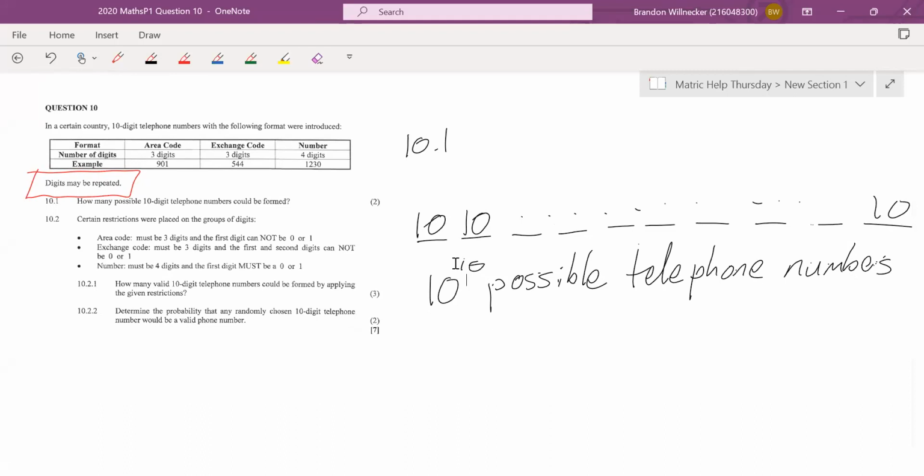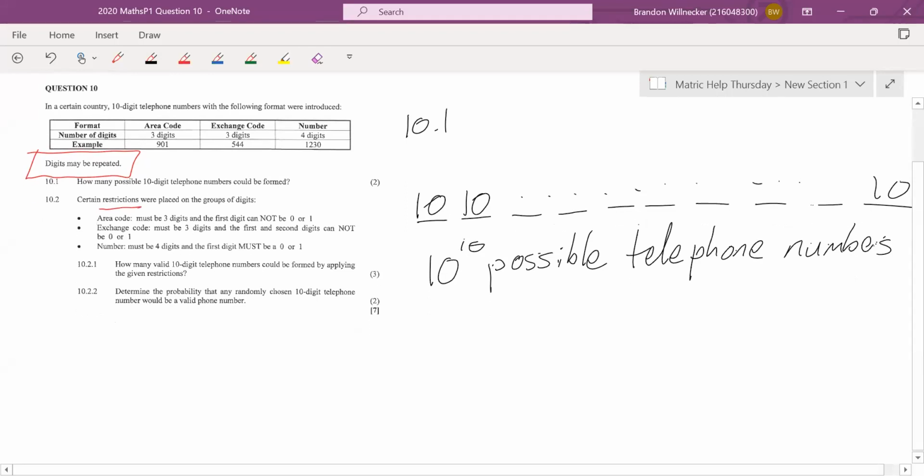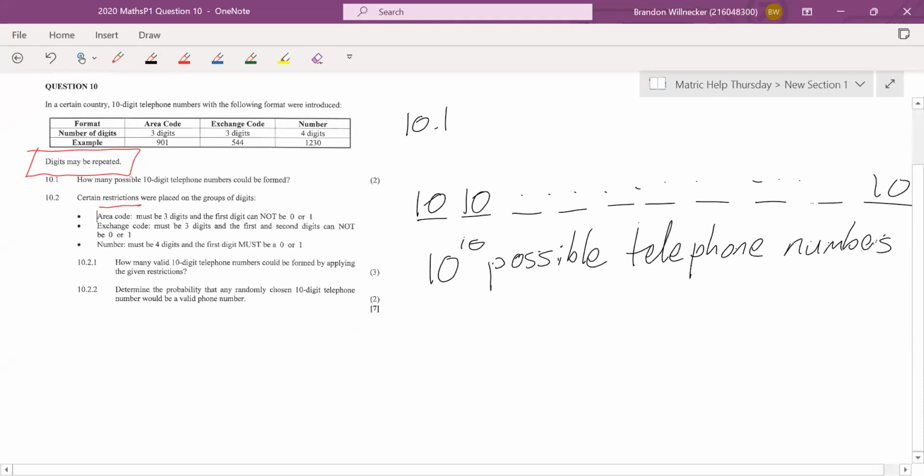Okay, 10.2. Certain restrictions were placed on the groups of digits. Okay, so let's highlight that. That's very important. Restrictions. Before there were no restrictions, but now that there are restrictions, there's going to be fewer numbers, right? Because we're limiting our choices.